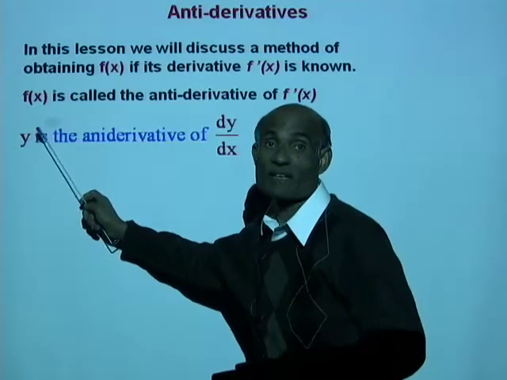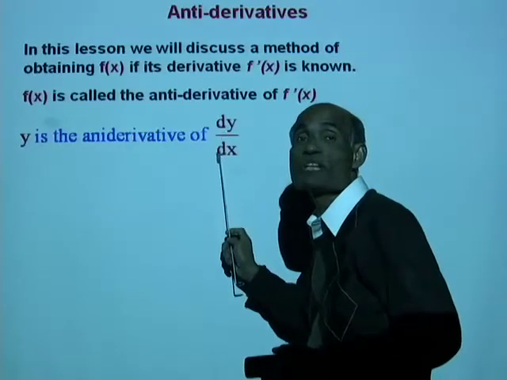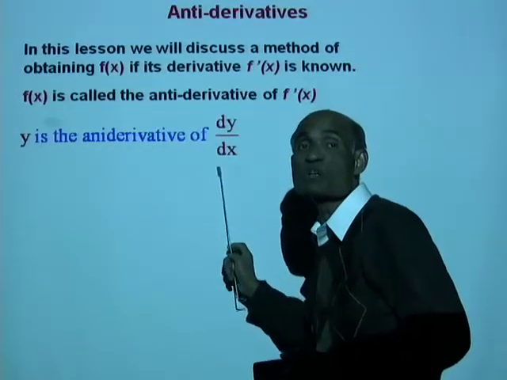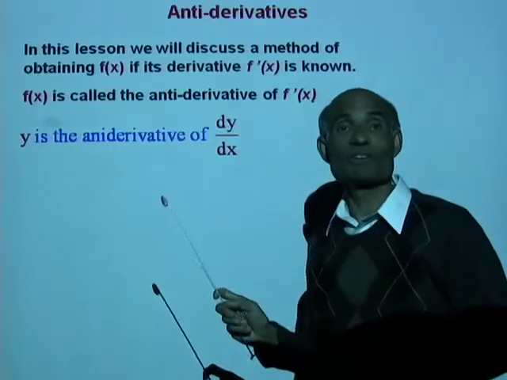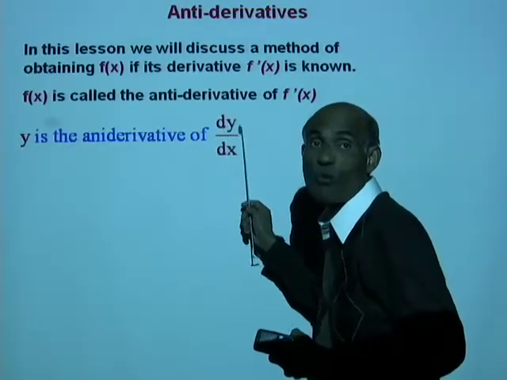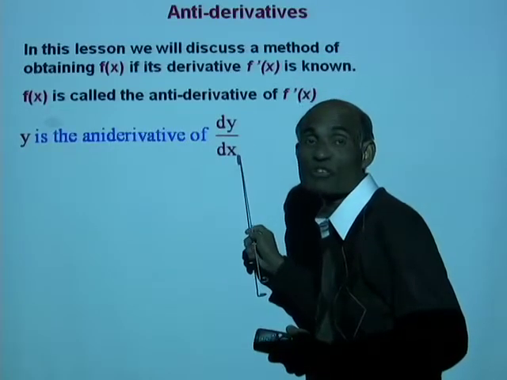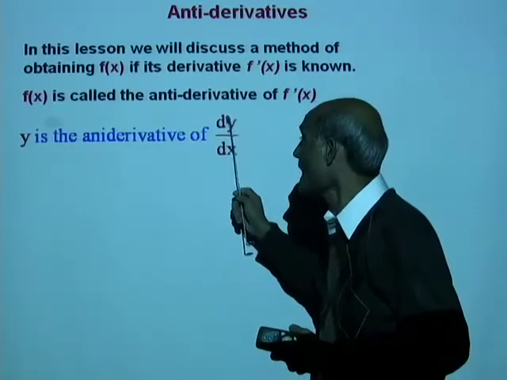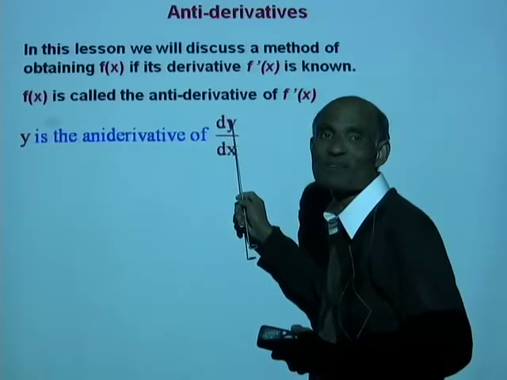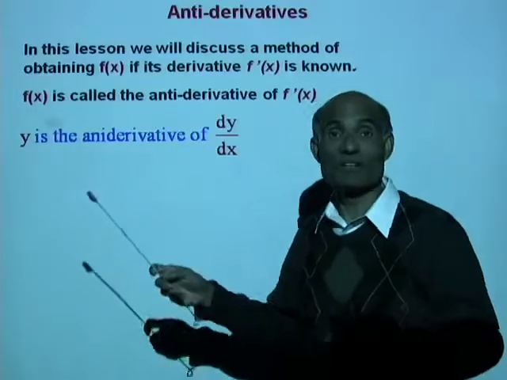Another way of saying this: y is the antiderivative of dy by dx. What does dy by dx stand for? Dy by dx is the derivative of y with respect to x. I want you to understand here, x is the independent variable and y is the dependent variable. And the dependent variable is our function.